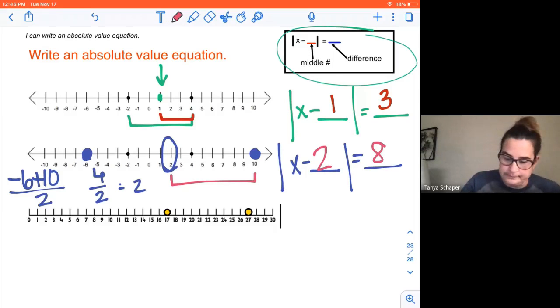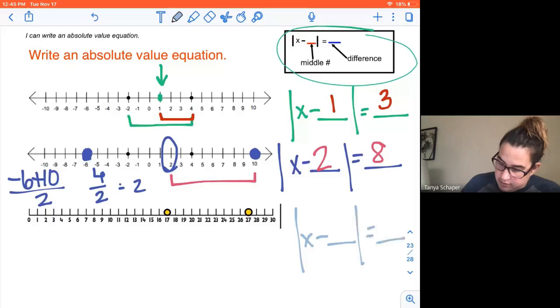One more, and then I'm going to let you have some time to work. I'm going to start by writing out what I start out with. The absolute value of x minus a number is equal to the difference. So 17 and 27 are the 2 numbers. So I'm going to take 17 plus 27 and cut it in half.